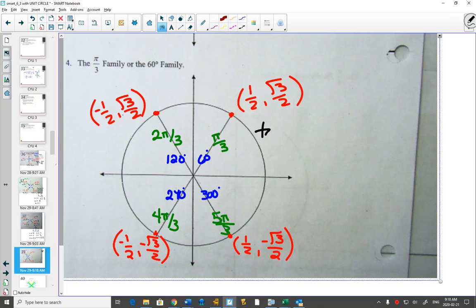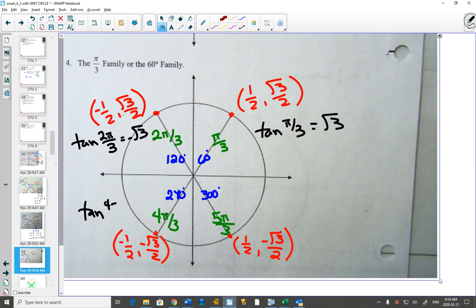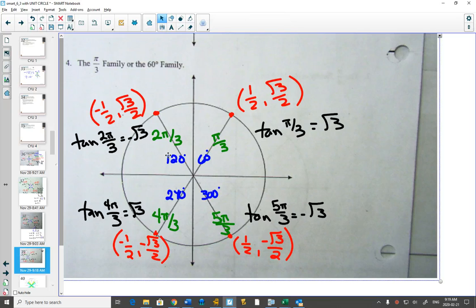And finally, tangent of pi over 3, root 3. Tangent of 2 pi over 3, negative root 3. Tangent of 4 pi over 3, positive root 3. And tangent of 5 pi over 3, negative root 3.